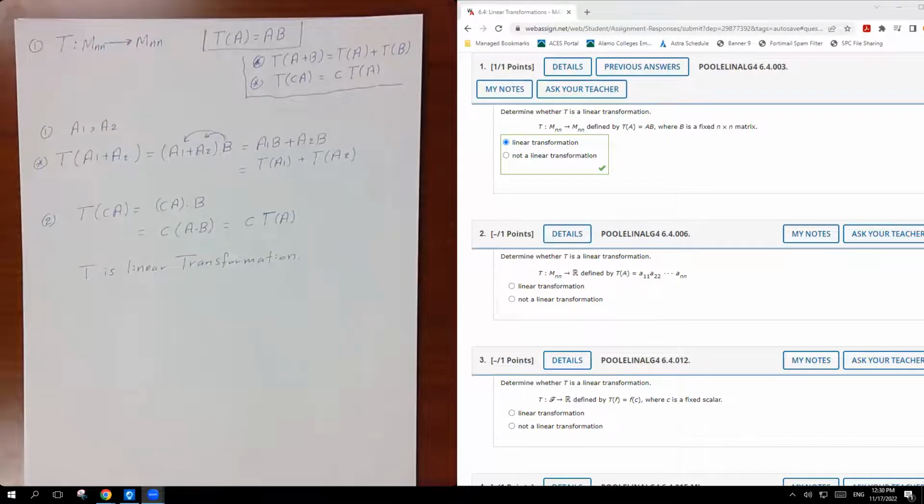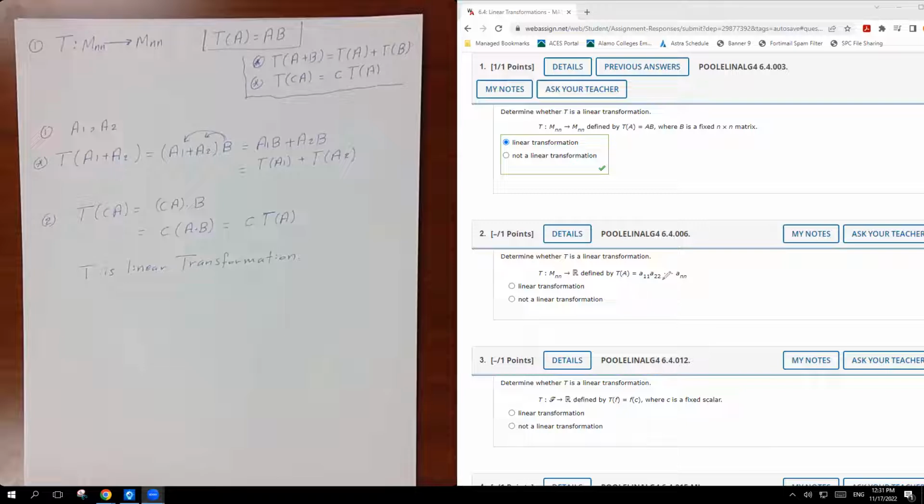Example 2: determine whether T is a linear transformation. We have the transformation from the matrices to a number. Be careful, it's to R, so it means from a matrix to a number, defined by the transformation of the matrix A is going to be A11 times A22, and so on. That means the multiplication of the diagonal.